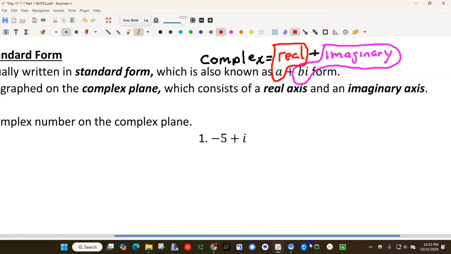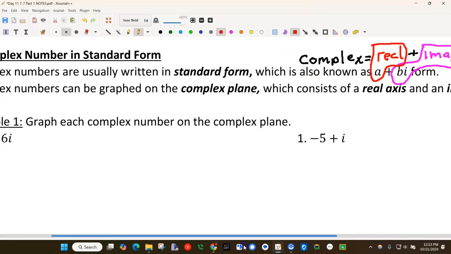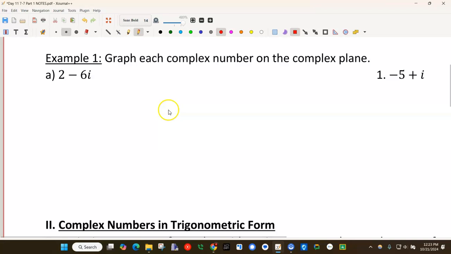And we can graph these just like we graph pretty much anything else. So down here, let's go ahead and remind yourself how to graph this. Instead of x and y, even though it looks much like the graphing we've always done, it's not xy, it's actually ab, right?